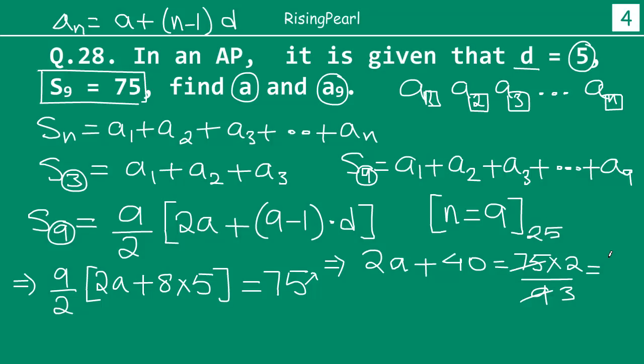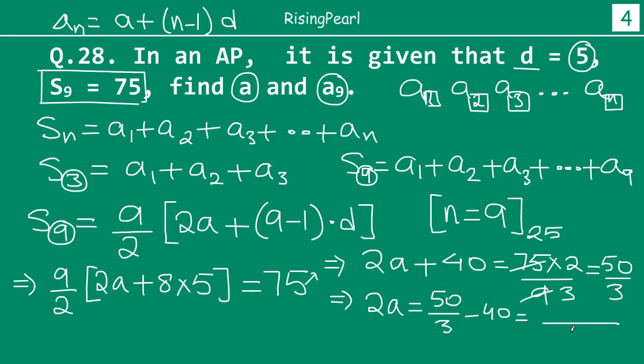So this will be 25 times 2, which is 50 by 3. Now if we were to calculate this, 2A will be equal to 50 by 3, and plus 40 will become minus 40 there. So it will be 50 by 3 minus 40.